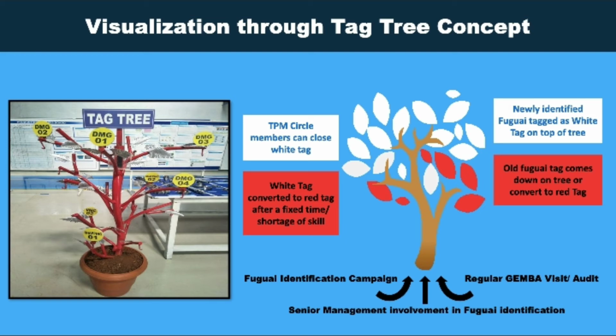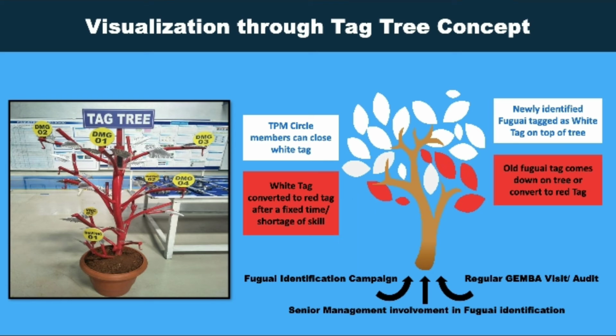As a new leaf comes on the upper edge of a tree, likewise, the newly identified Fuguai tag has to be tagged on the upper side of the tag tree. Old Fuguai tags or red tags are normally tagged in the lower portion of the tree and need to be closed with utmost priority by domain expert or maintenance team.